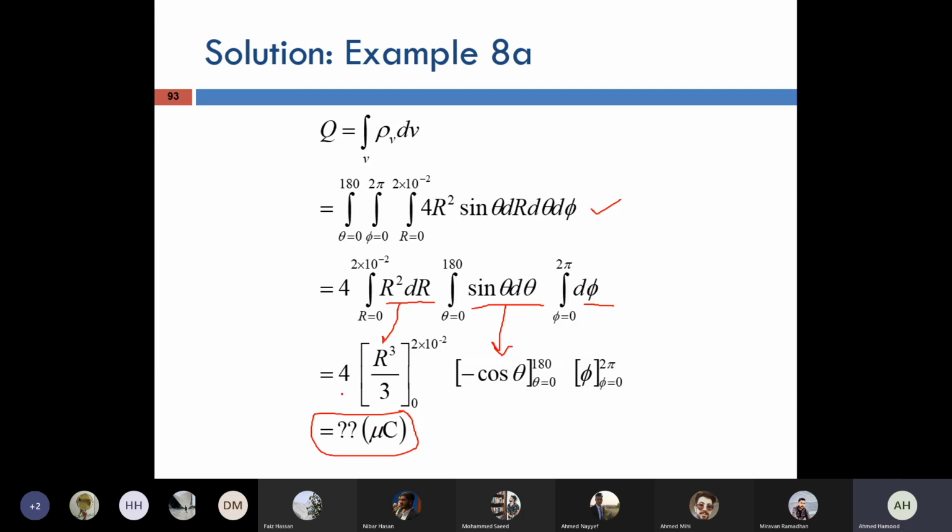Total Q is equal to what value? Hello guys, are you doing this example? Yes, sir, yes. Okay, good. Don't be silent, guys, please. I want to feel you are with me now.